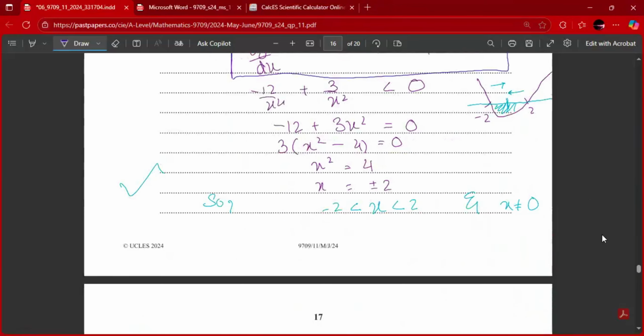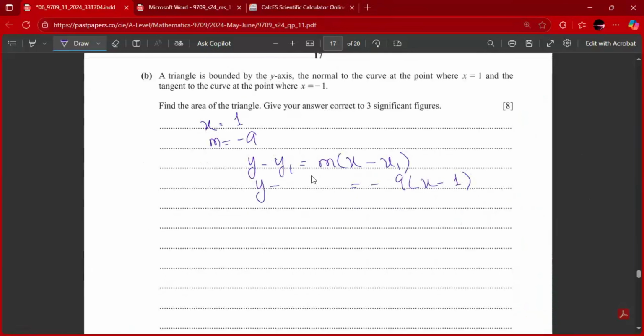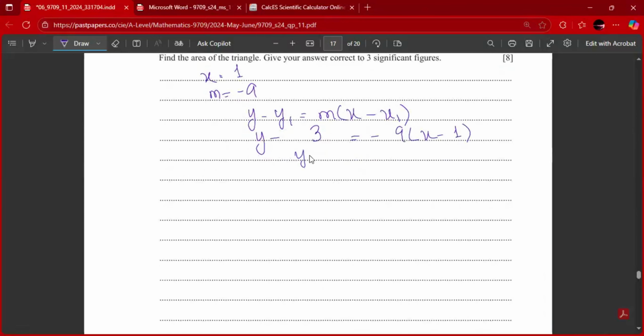We're just left with 3. Okay, so y is 3. y minus 3 minus 9x should be equal to plus 9. 9 minus 3, 12. We get one equation. I think so. We are done with one equation.